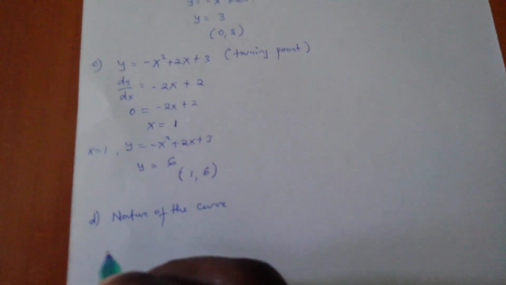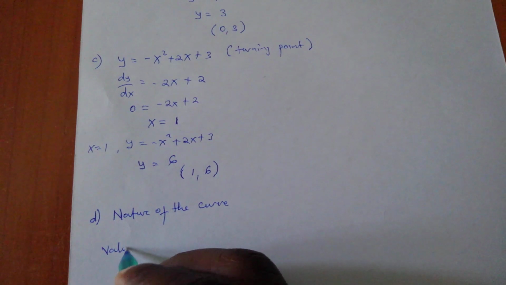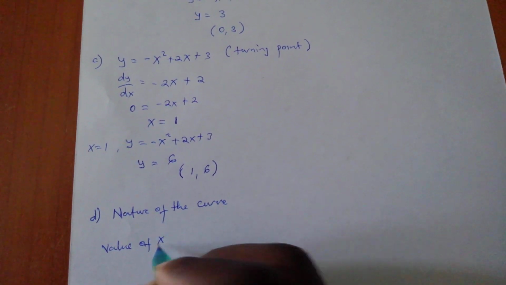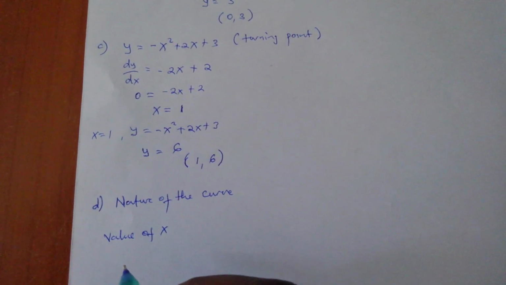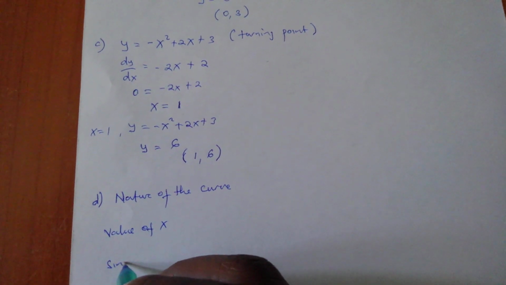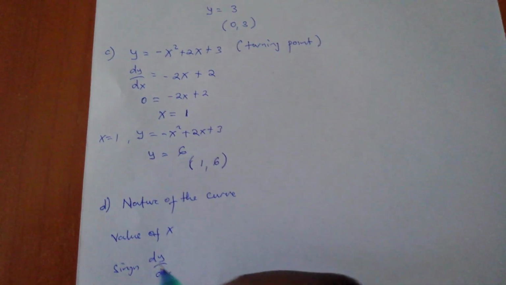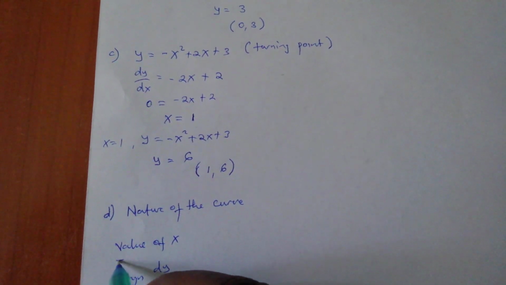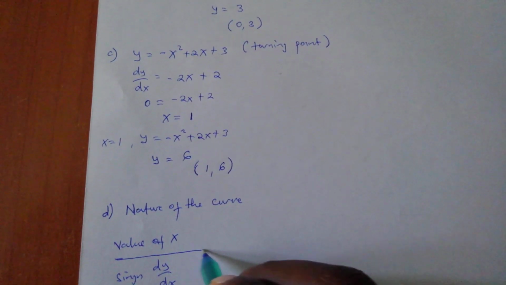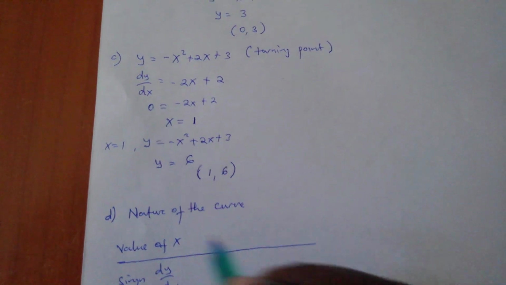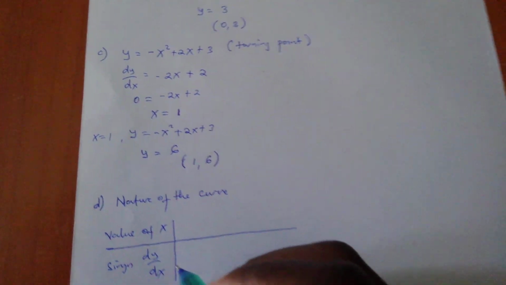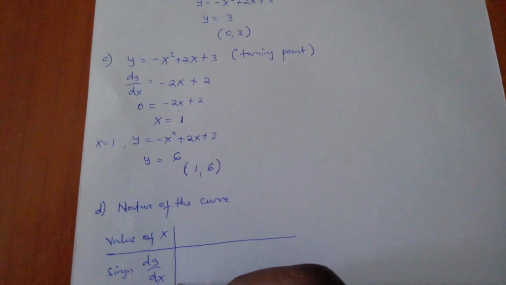So in here I will have the value of x, then the sign of dy dx. I'll have a kind of a table which I'm going to use to help us in this issue.